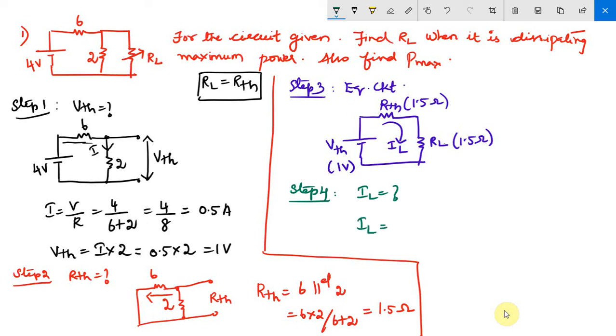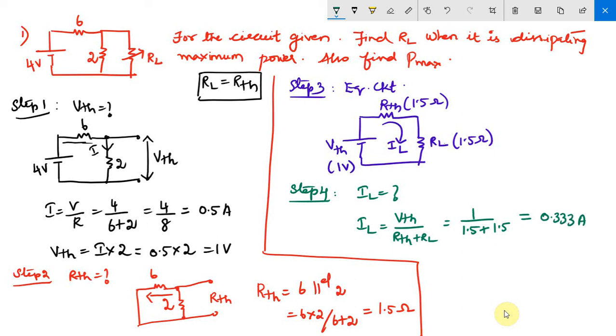IL is equal to simple Ohm's law, V divided by R. Here V is VTH, divided by R, which is RTH plus RL. VTH is 1, divided by RTH 1.5 plus RL also 1.5. So 1 divided by 3, which is equal to 0.333 ampere, the load current.